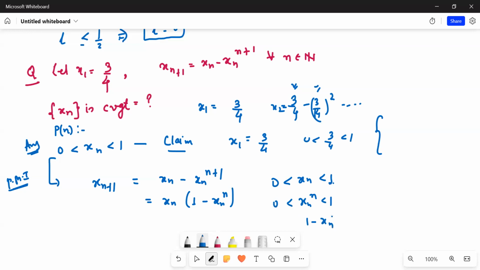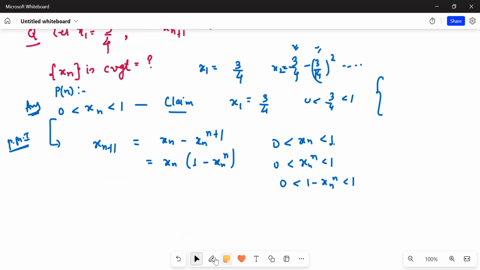And 1 minus xn raised to power n again lies between 0 and 1. It's quite easy to see. Clearly, xn plus 1 would be less than xn. Anything which lies between 0 and 1, if I multiply by xn, is going to reduce xn overall. So xn plus 1 is lesser than xn, certainly.